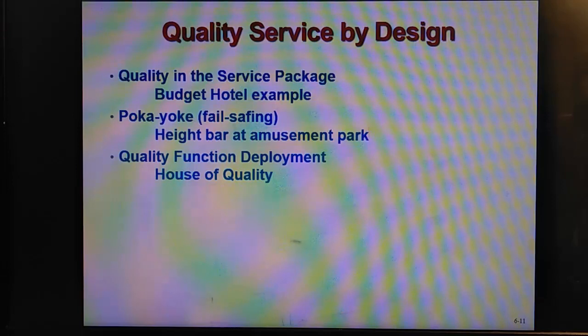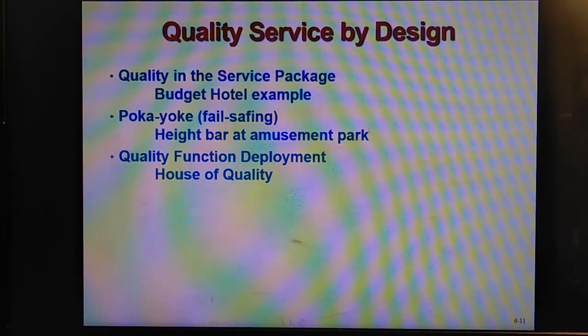So service quality by design can also be ensured by the Poka-Yoke method. Poka-Yoke method means it is ensuring that if it fails, then the system will fail safely.